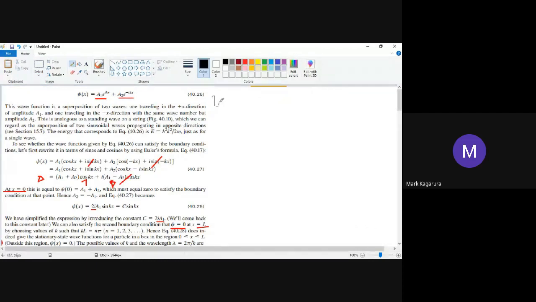So f psi is going to be equal to C sine k n x. So now we have not put this n this side, because it's going to be a bit funny.